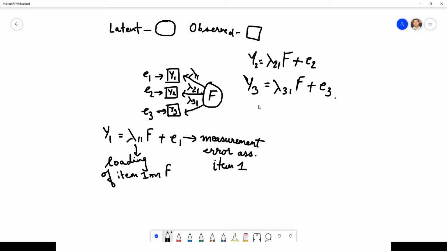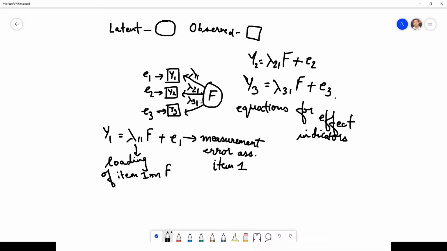So remember, these are equations for effect indicators. And what are these, all these y1, y2, y3?